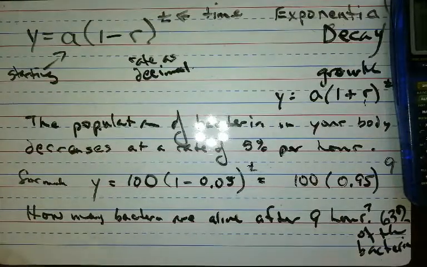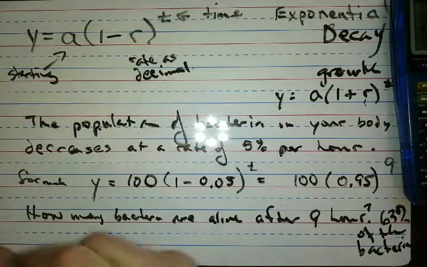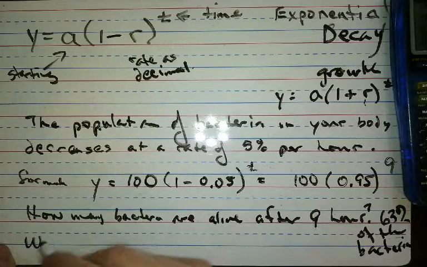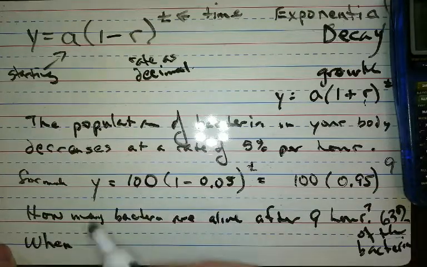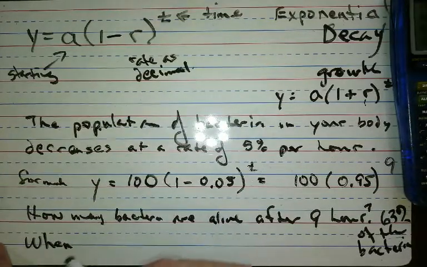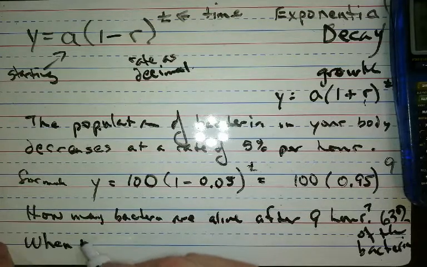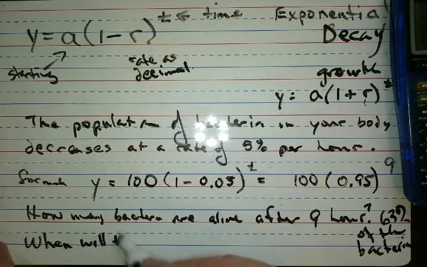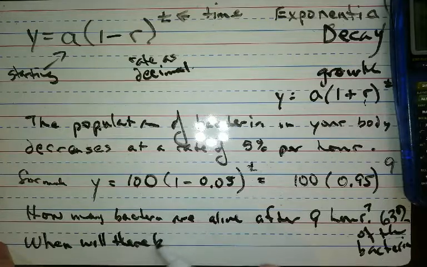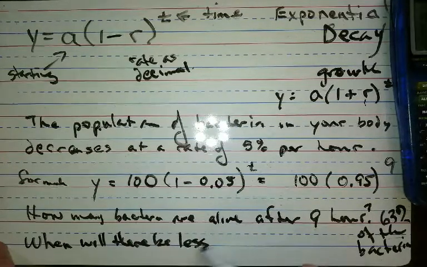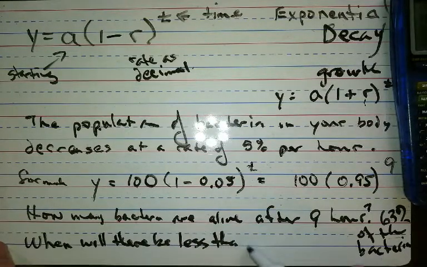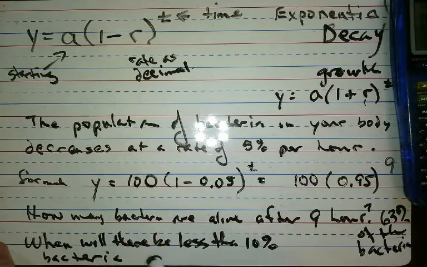Well, let's try another one. Now, when am I going to get better? So if they tell me you're healed when there's less than 10% of the bacteria alive, when will that be?